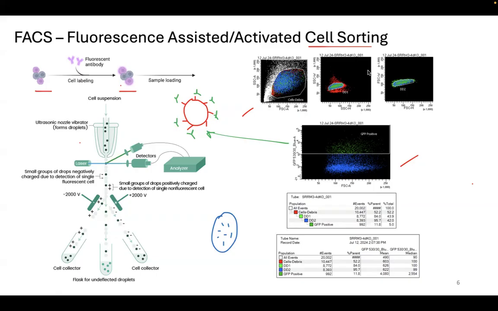Okay, all right. So there are a couple of things that you can do. One of the easier ways is actually to make a transgenic system where intrinsically your cells, whenever they express this protein, they also express a fluorescent tag with them.